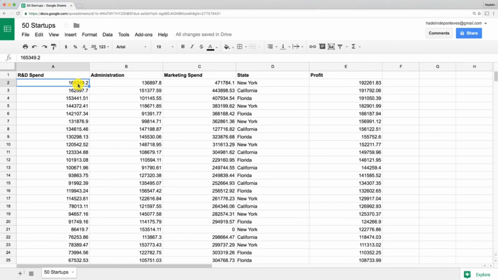So basically, you're helping them create a model based off this sample that will allow them to assess where and into which companies they want to invest to achieve their goal of maximizing profit.